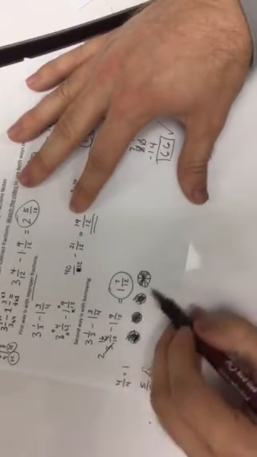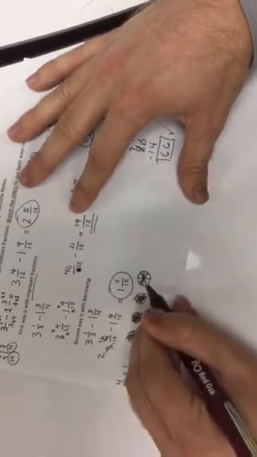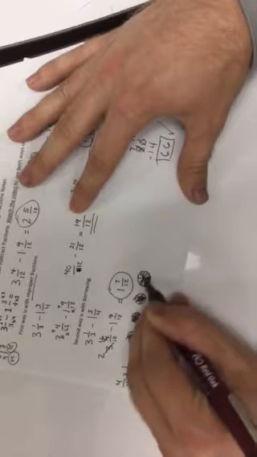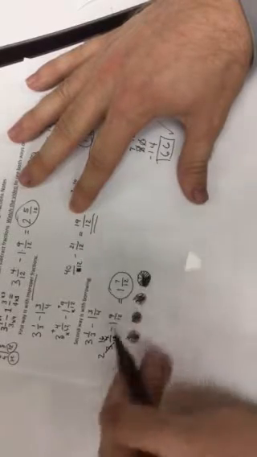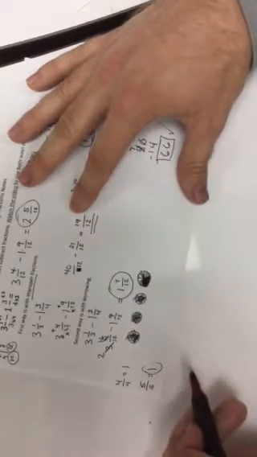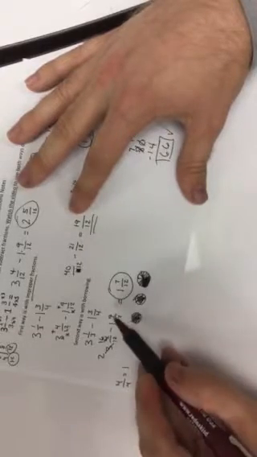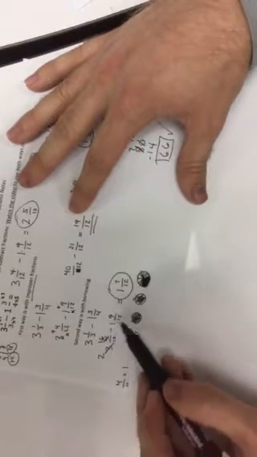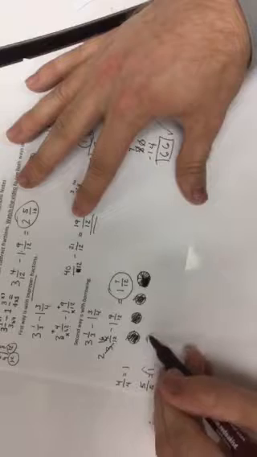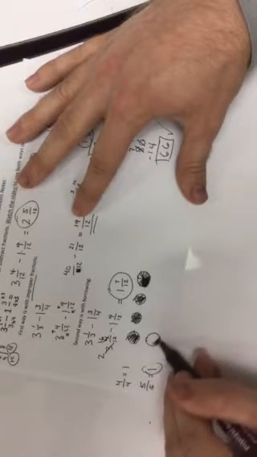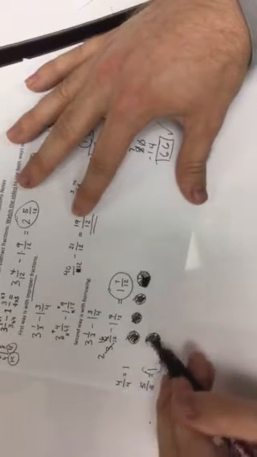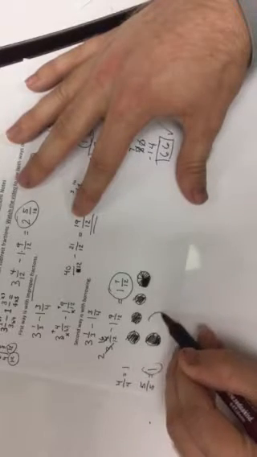We have 3 and 4 12s. So I'm going to shade in 4 12s to the best of my ability. Let's pretend that's a good solid 4 12s. We're subtracting 1 and 3/4, which we converted to 1 and 9/12. So I'm going to do 1 whole pizza and 9 12s.